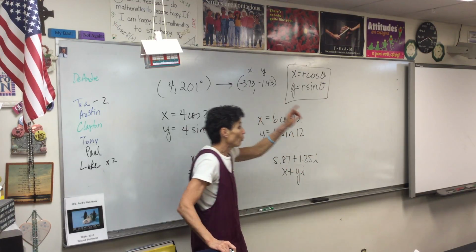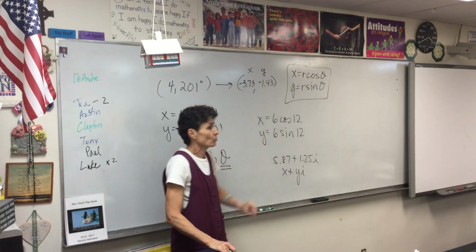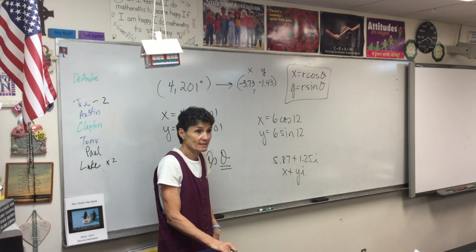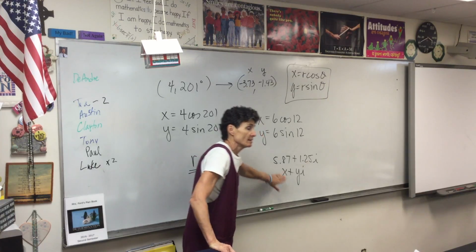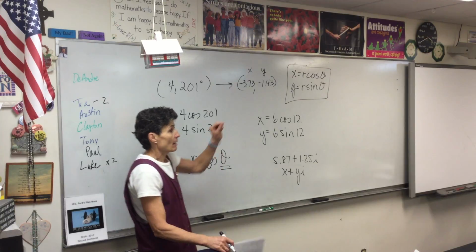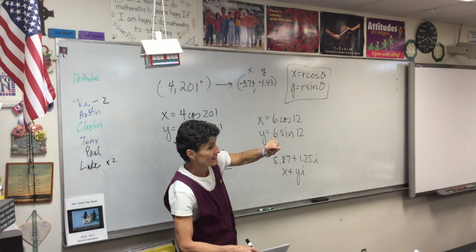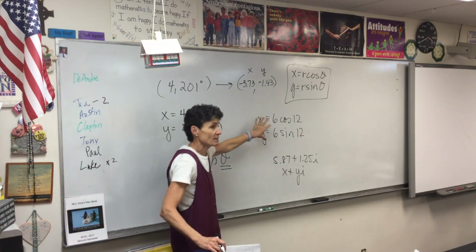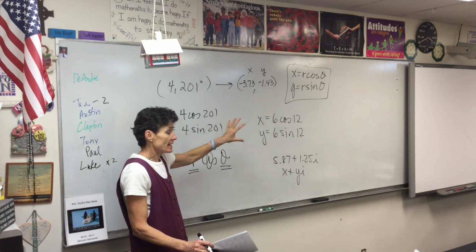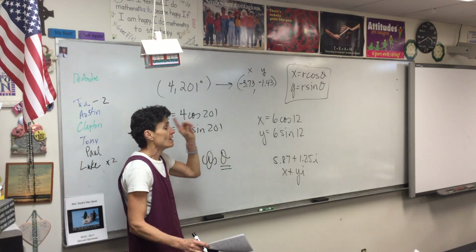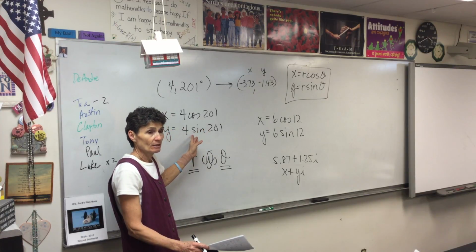When it says coordinates, write it as an ordered pair. If it says write it in some other kind of form, it doesn't say coordinates, it just says form, it means with the i. Now, I had you do number 1 and number 4 together because they're the same. You're doing the exact same thing. Do you see that? Anytime it says change to rectangular, convert to rectangular, that means find x and y.